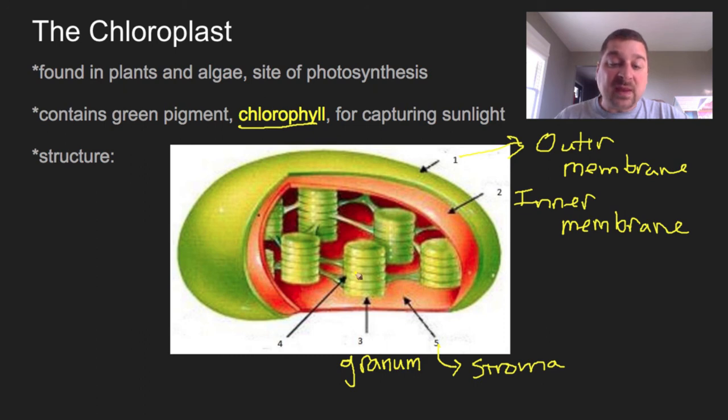And one of those pancakes, one of those little membranes right here, has a name, number 4 here, called a thylakoid. The thylakoid is where the majority of photosynthesis will be taking place, either in the membrane or inside that membrane. But we'll look at that in a later video.